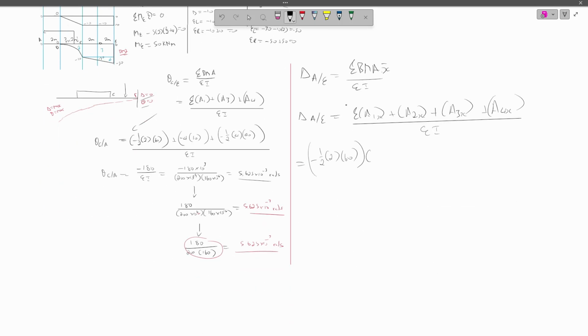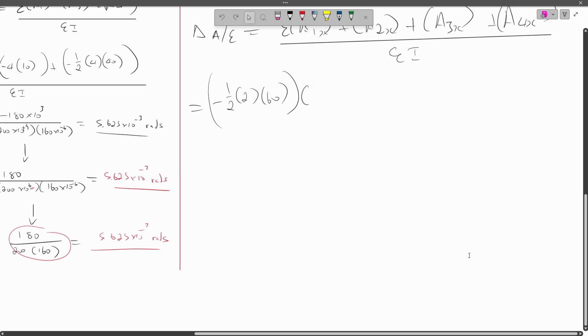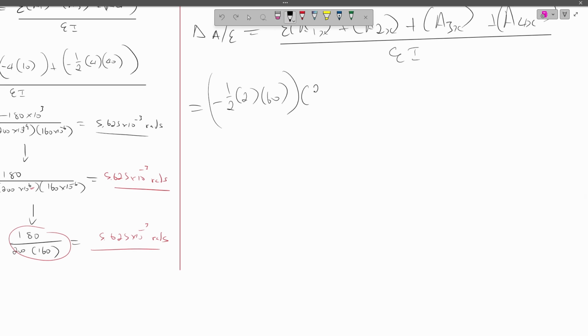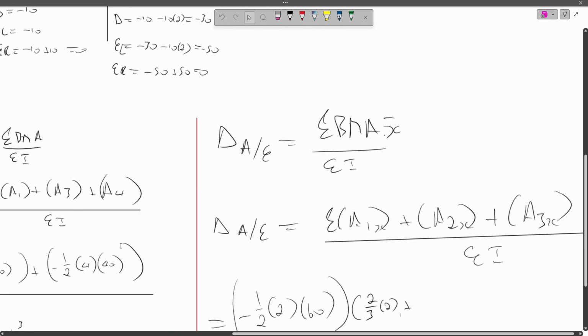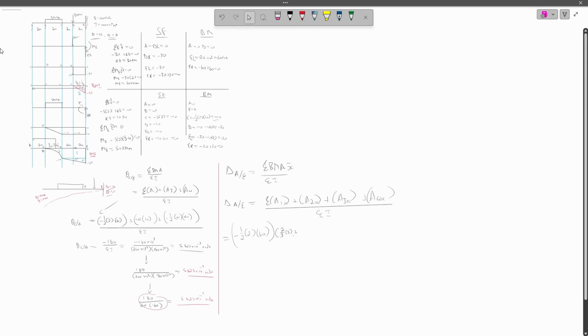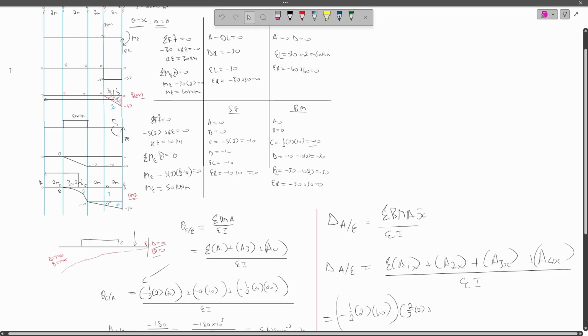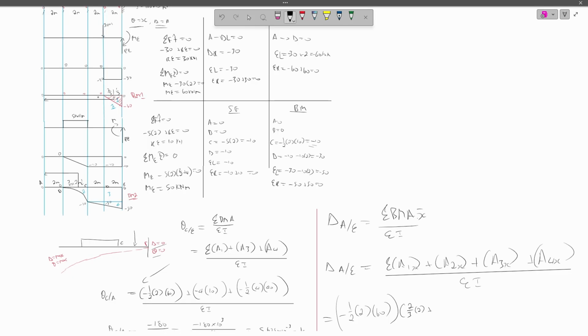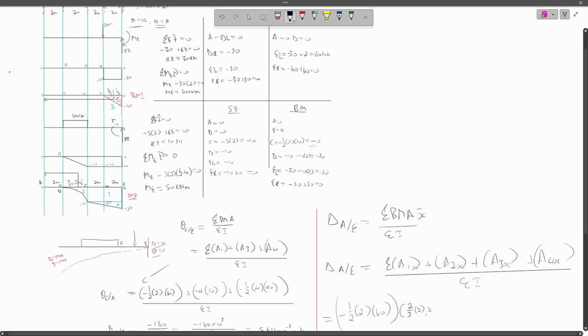Then our centroid will be 2 over 3 times our base, and then plus the remaining distance going towards A. So we have 2 over 3 times 2 plus 2, 4, 6.